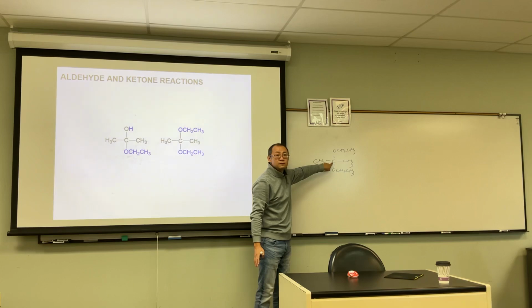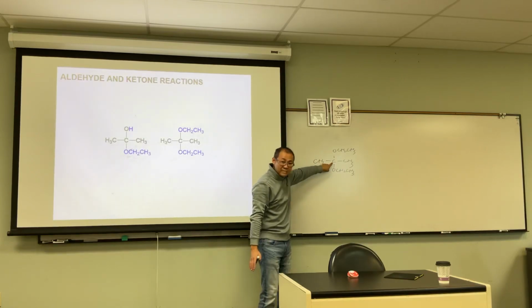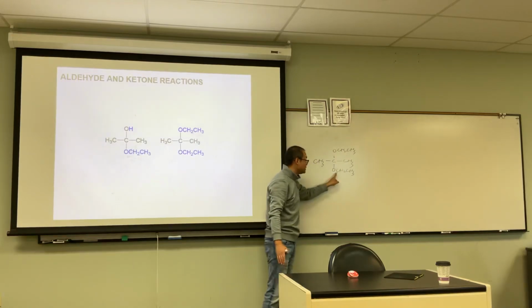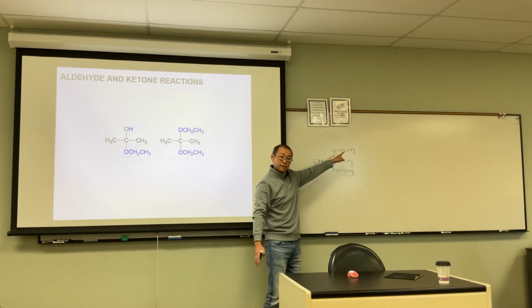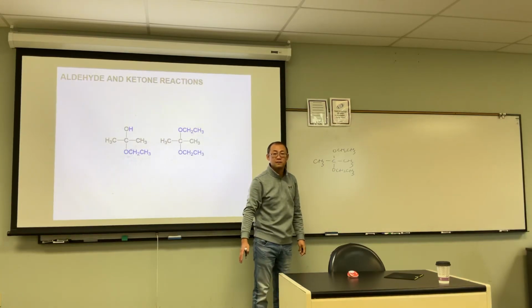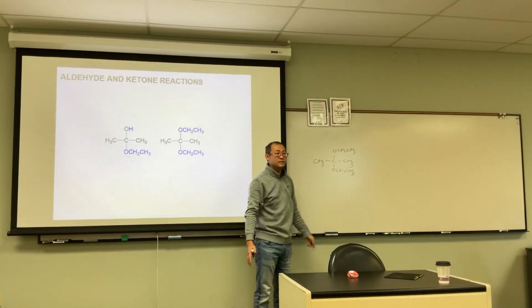The carbon has no hydrogen, so this one was from a ketone. And because both O's are OR, that means there are two alcohols added already. If there are two alcohols added, then this is not hemi. This is just ketal. Make sense?